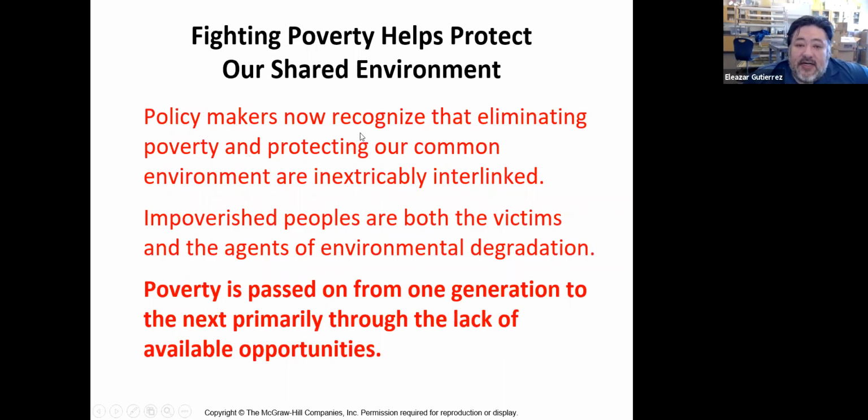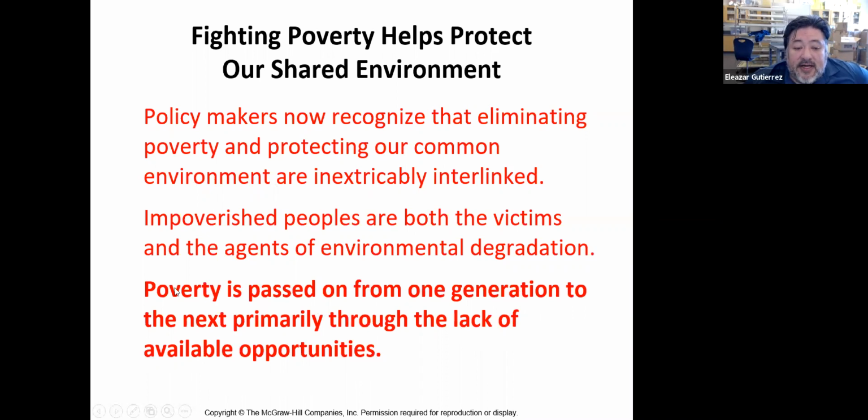Let's see. Poverty and affluence. What are you talking about? The fact that the environment and poverty are linked. What does that mean? Poverty is passed from one generation to the next primarily through the lack of available opportunities. This is important to remember.